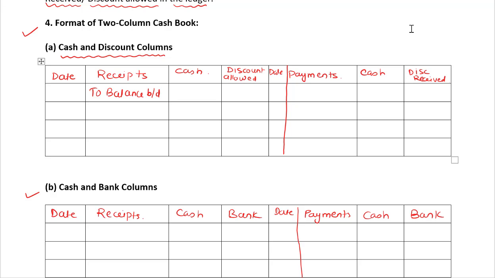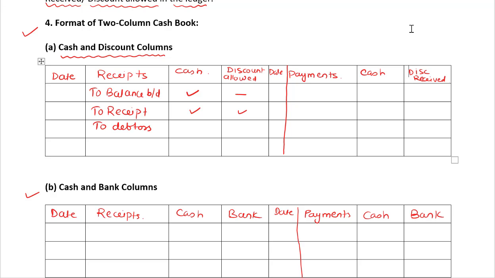Opening balance of cash, discount won't be there, but there would be some amount in terms of cash. Then we will write to receipt. Receipts will be there.